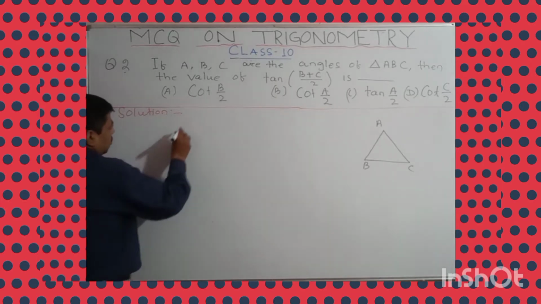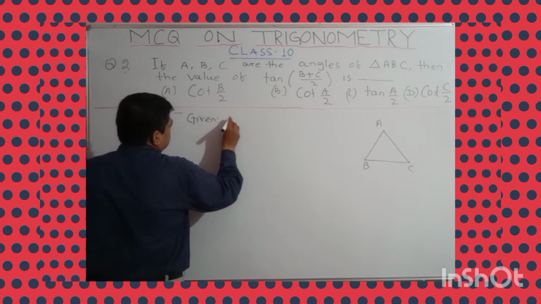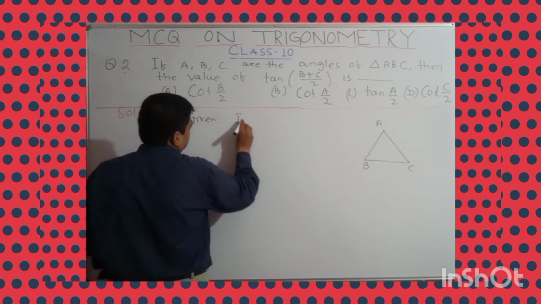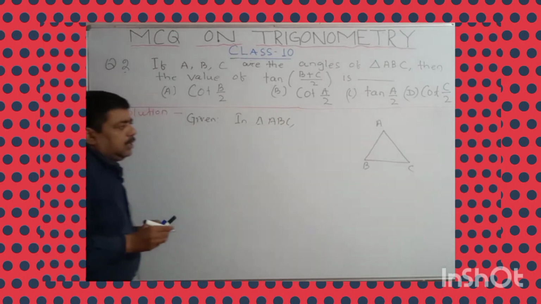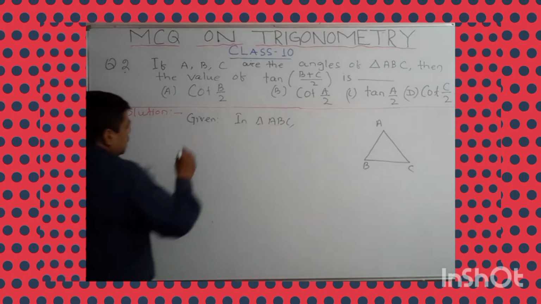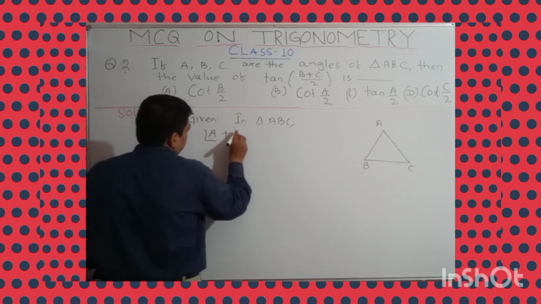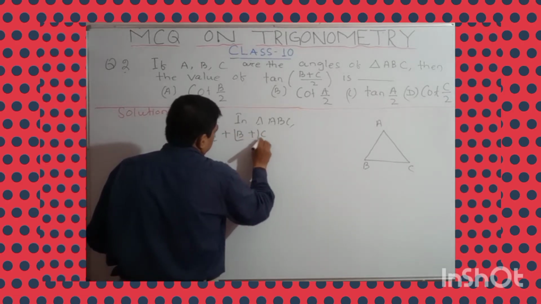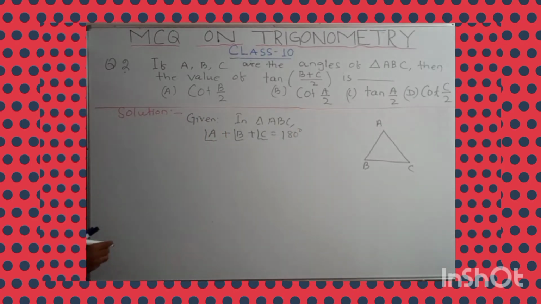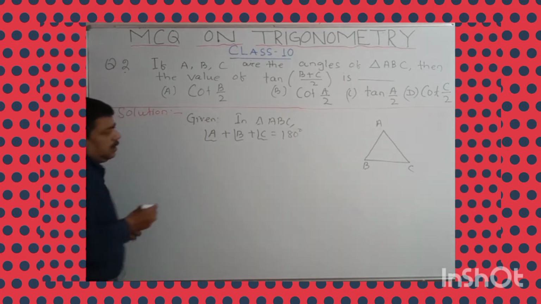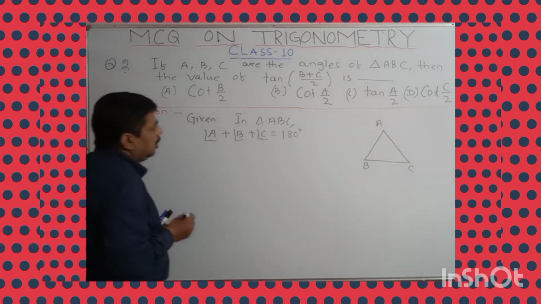Understand or not? So in triangle ABC, since angle A, angle B and angle C are the 3 angles, the sum of the 3 angles of a triangle is equal to, we know, how much? 180 degree, the angle sum property of triangle. And here you have to find out the value of tan (B plus C) by 2.